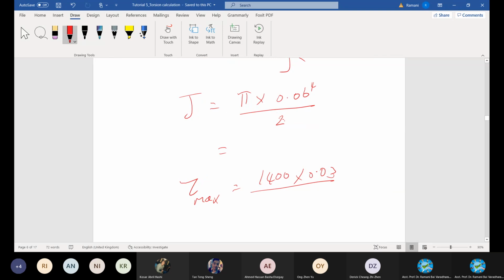Nobody is getting. 1.27 times 10 to the power of -6. Meter or mm power 4? Meter power 4. Okay. And substitute this value, please, and then get me the answer. Are you getting this answer? Maximum shear stress is 33 megapascals. Okay, all of you check your answer.